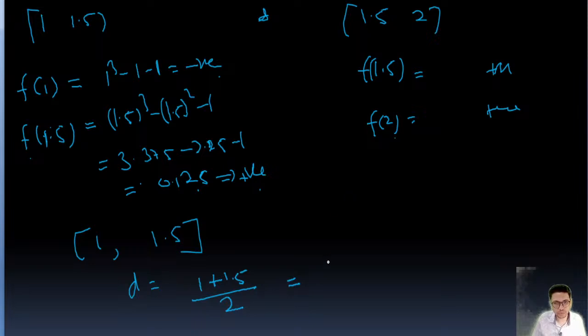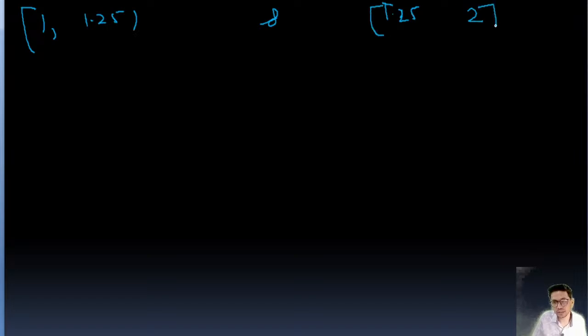So this is going to be 1.25. Okay. Now there will be two intervals. Either root will be between 1 and 1.5, or this will be in 1.5 and 2, right, in this interval.